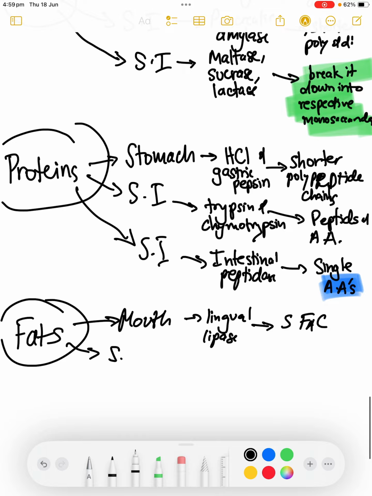And the next one is the small intestines. What happens in there? Well, we spoke about it earlier. Bile is an emulsifier, and that breaks it down into smaller fat globules.